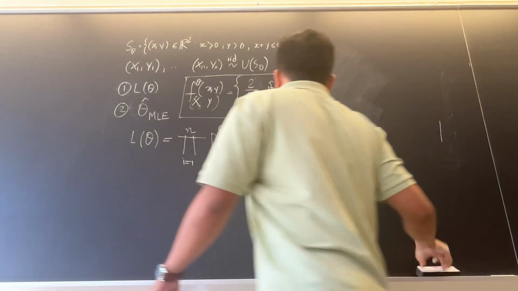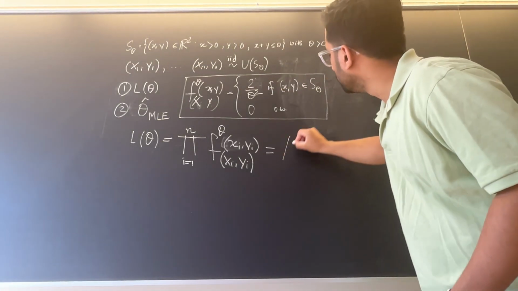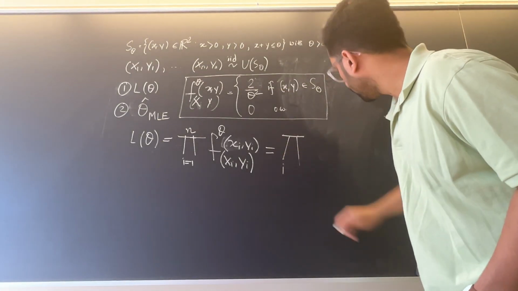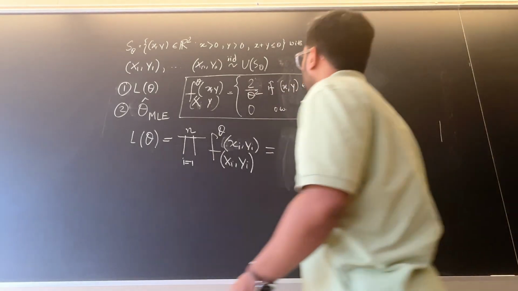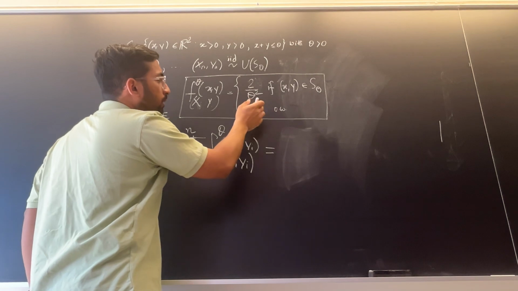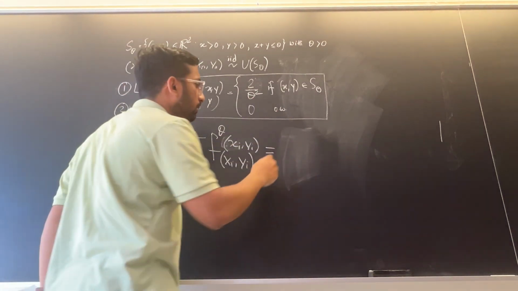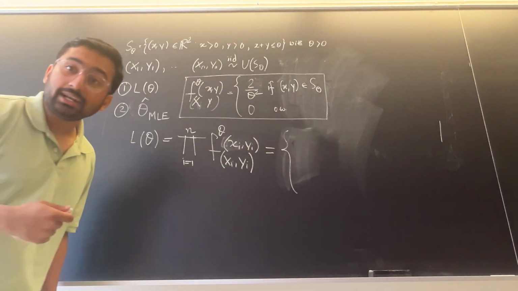We will get that this is equal to the product of, since it's a piecewise function, we have to write it in that way.